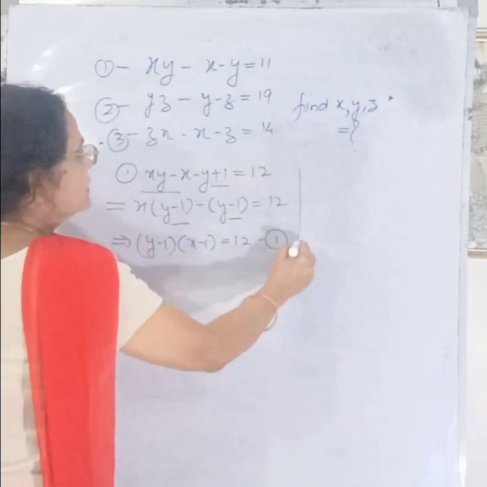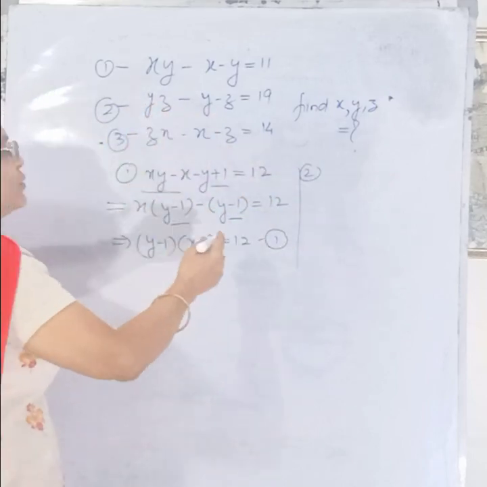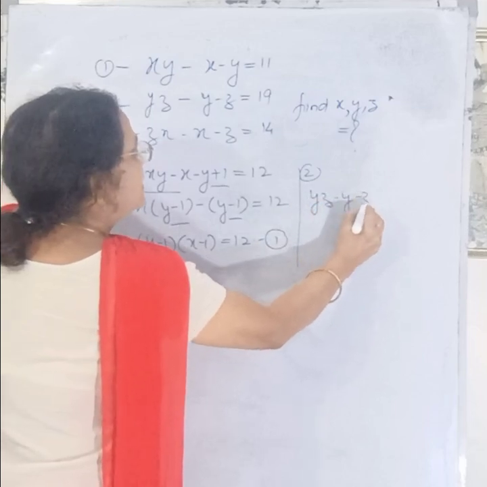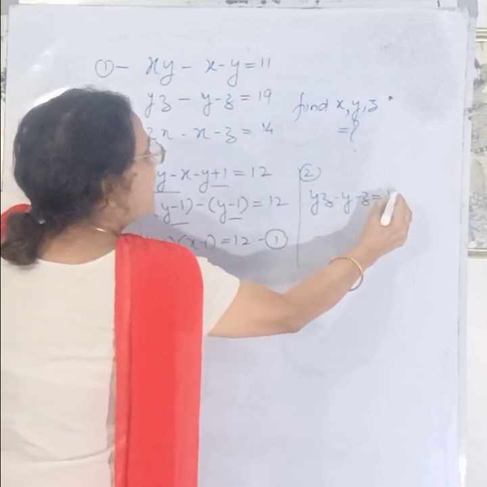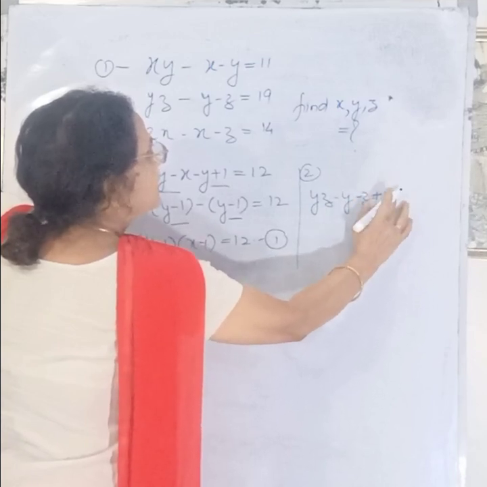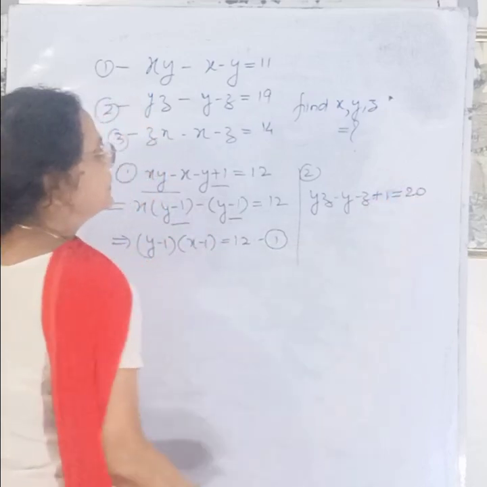Now let us take the second equation. The same process is to be done for the second one also. That will be yz minus y minus z equal to 19. Adding plus 1 on the left hand side and plus 1 on the right hand side, we get this equation.